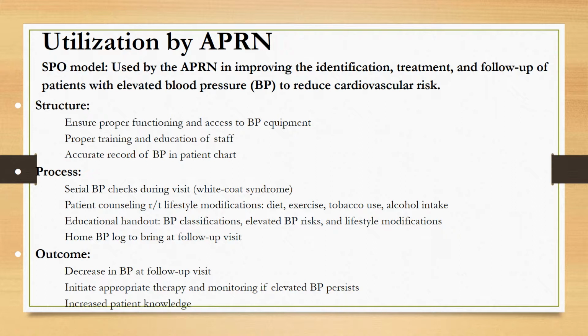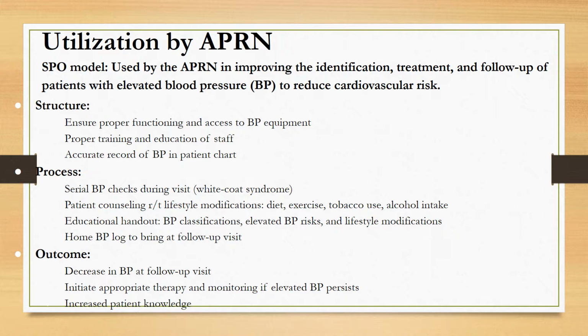Structure measures would include ensuring proper functioning of blood pressure equipment, ensuring proper training of staff that will be performing blood pressure measurements and assessing their knowledge for abnormal values, and reviewing the patient's chart for abnormal readings prior to visits, and ensuring accurate readings are being documented by staff.